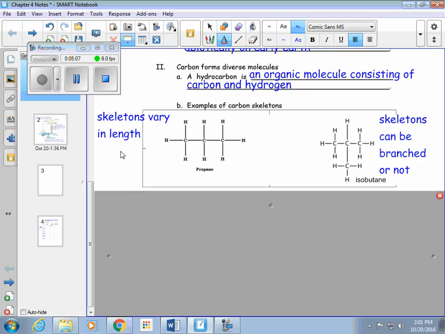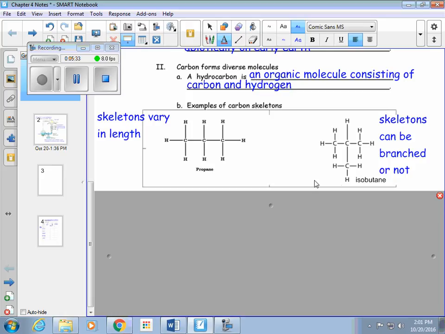So in the upper left hand box, I'm showing you a carbon skeleton that's just in a single line. So we've got our carbons kind of running right down the middle, nice strong skeleton, giving everything else structure around it. And the example that I have here is propane. This skeleton of carbons could be really long, it could be really short, but the idea is that they come in all different lengths.